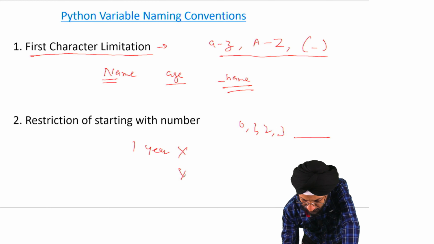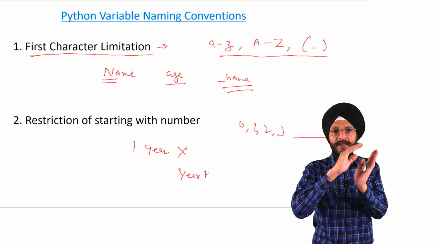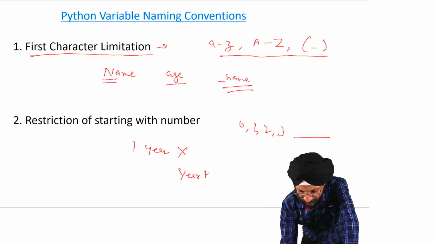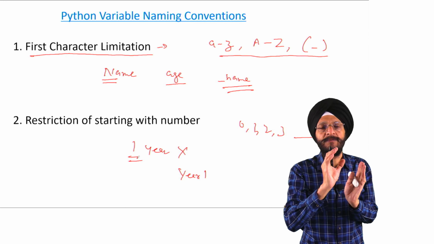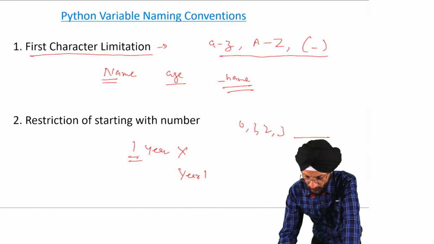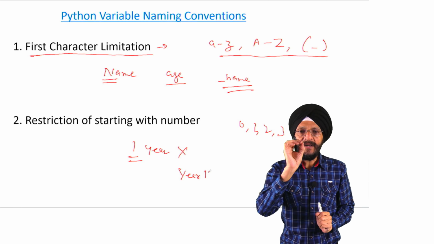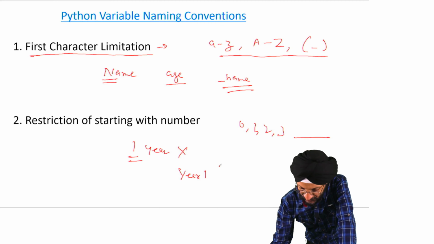But if we write year1, that is, the number has been taken to the last position, then it is okay. Here the number was in the first position while writing the variable name, so it was invalid. But when the position of the number is at the last, then it is okay.